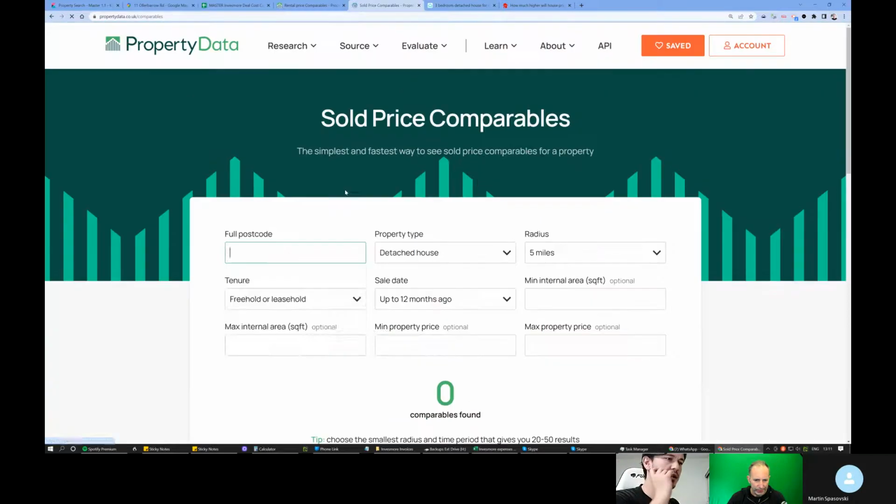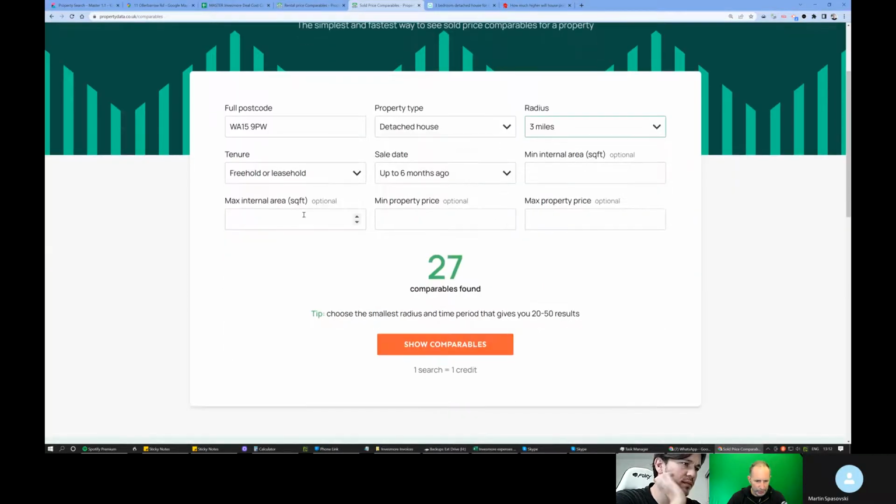And when it eventually does it, come on. Look, if you go back. Yeah. And all right, I'll just do this again. Better. So we'll go sale date up to 6 months ago, radius 3 miles, and we'll go minimum property price 350,000, I think we'll go.